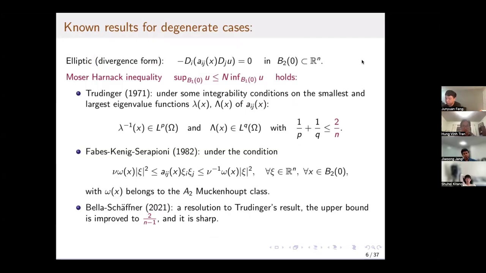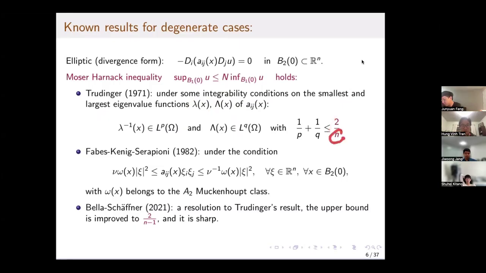Okay, let's do some positive conclusion. So for the elliptic case, the Harnack will be this form. Trudinger in 1971 says if Aij satisfies some integrability condition on the smallest and the largest eigenvalue, little lambda, capital Lambda of Aij, that means little lambda to the -1 in L^p, capital Lambda in L^q with 1/p plus 1/q less than 2/n.